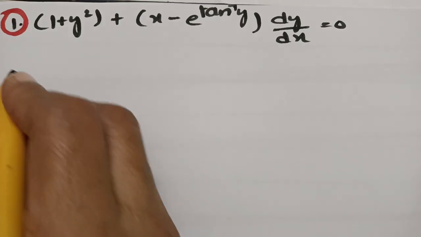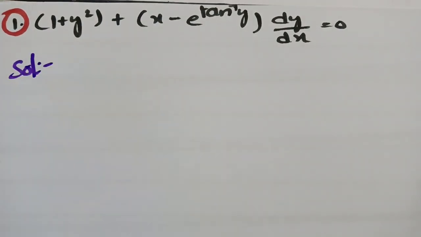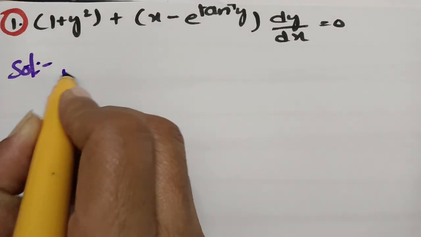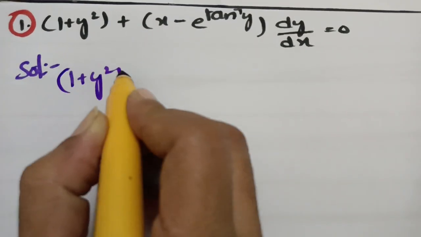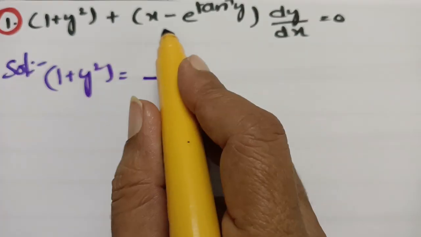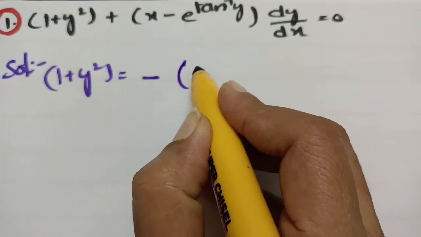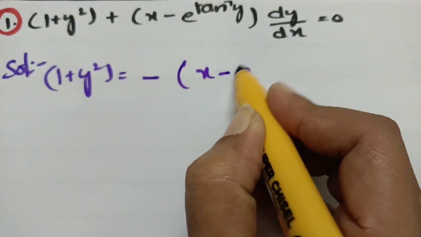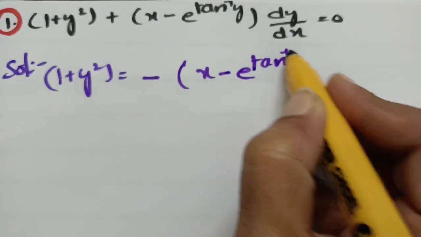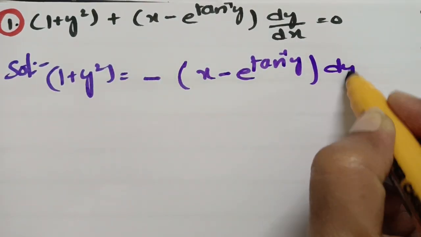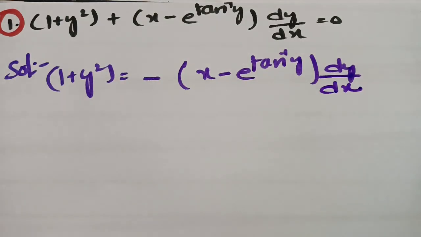I'll set this term to the other side, so 1 plus y square is equal to minus (x minus e power tan inverse of y) into dy by dx.